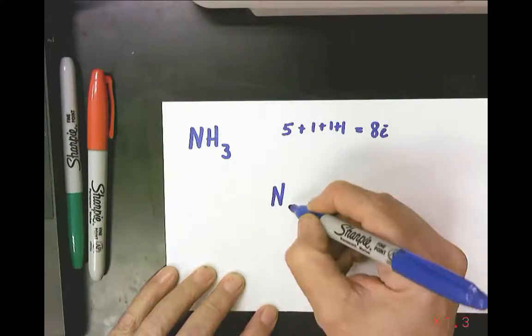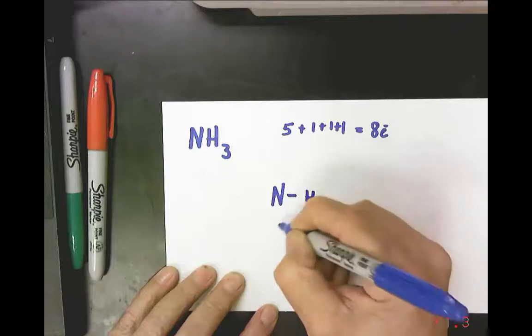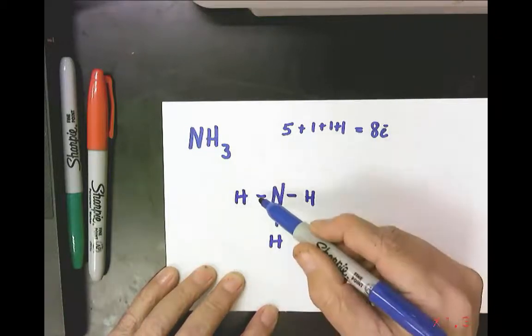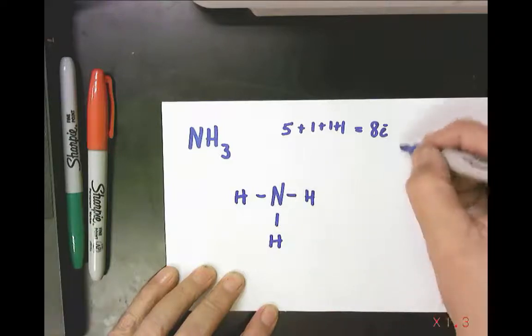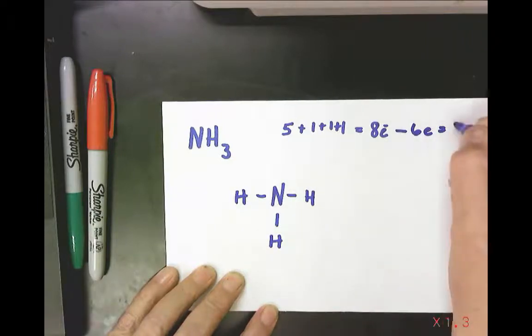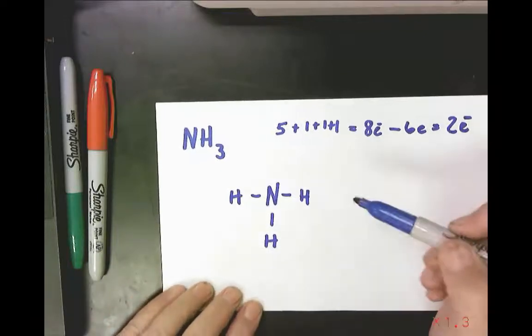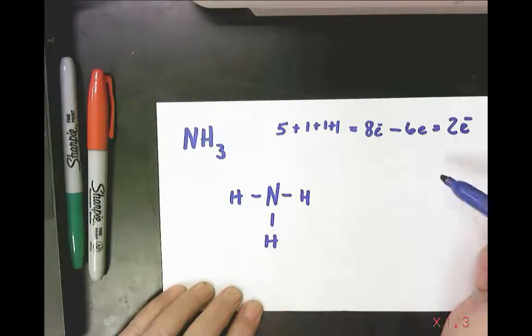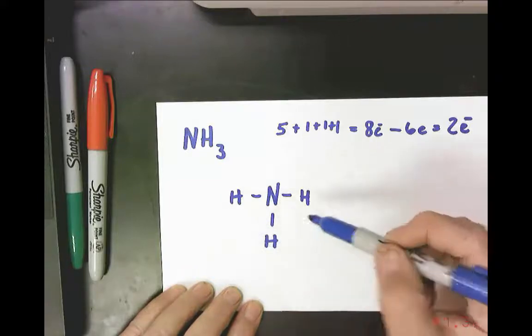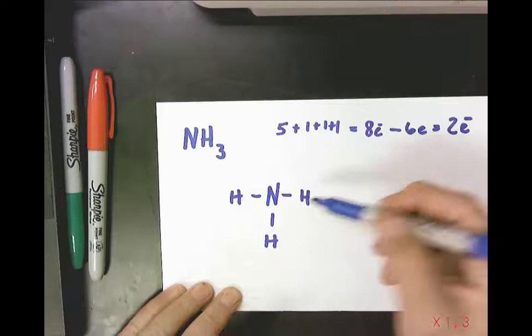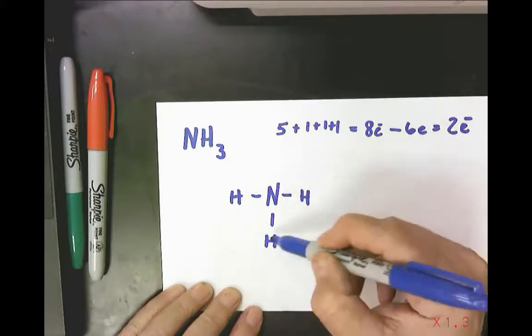Okay, so we've got nitrogen in the center, and then we're attaching the other elements with a dash. So far I've used 2, 4, 6 electrons. So I've got 2 electrons left to place. Now the next rule says place the extra electrons on the outer elements to complete their octet. Well, hydrogen's octet is 2, so it's already complete.